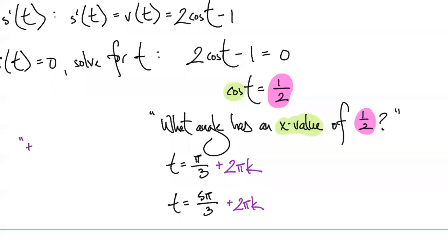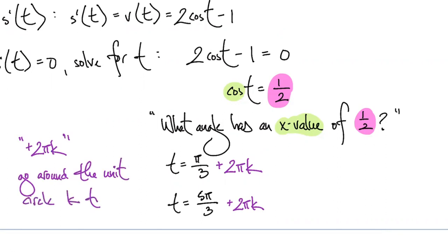This plus 2 pi k means go around the unit circle k times. So the 2 pi is go around the unit circle, and the k is how many times you want to go around the unit circle.